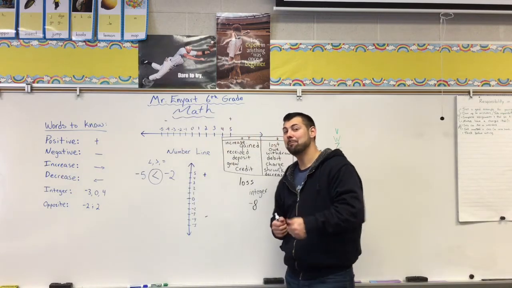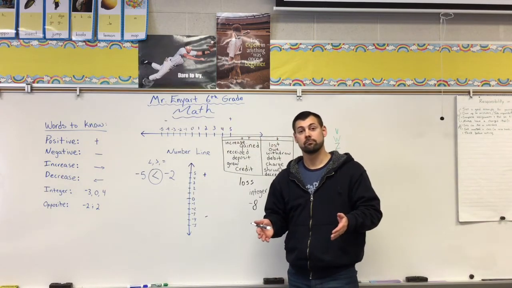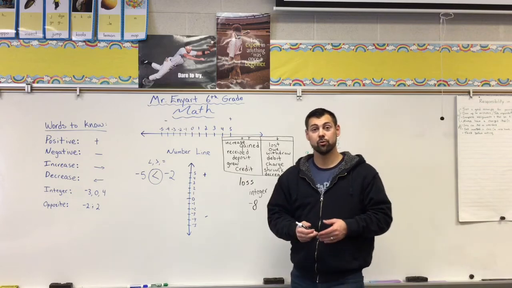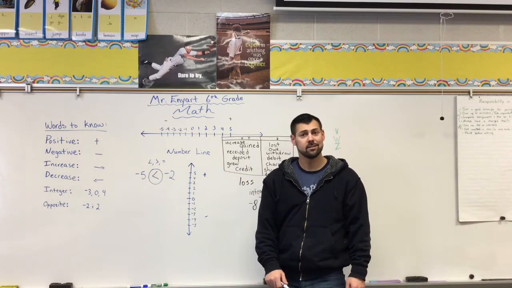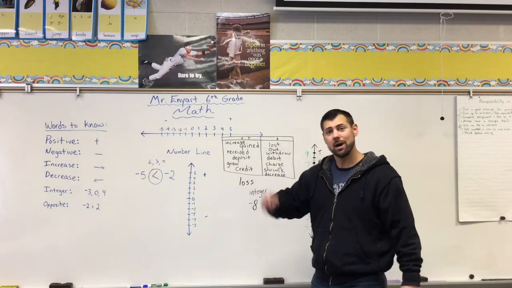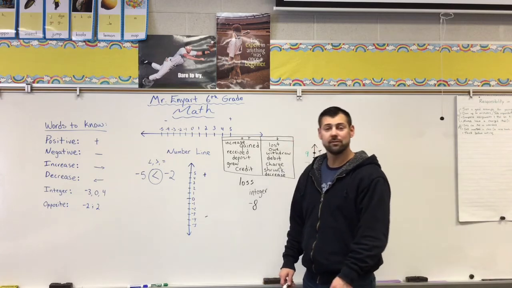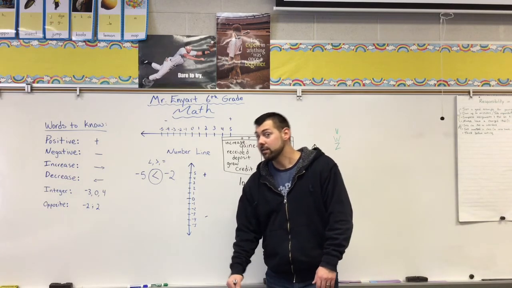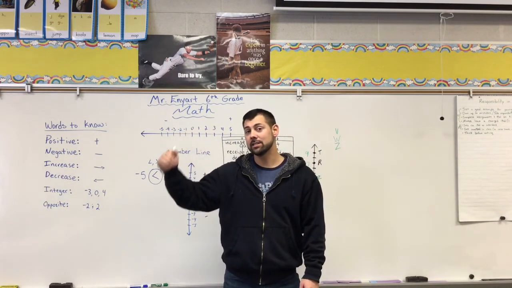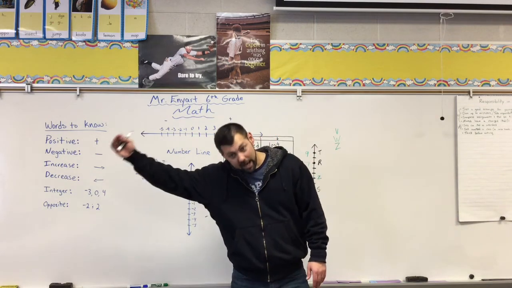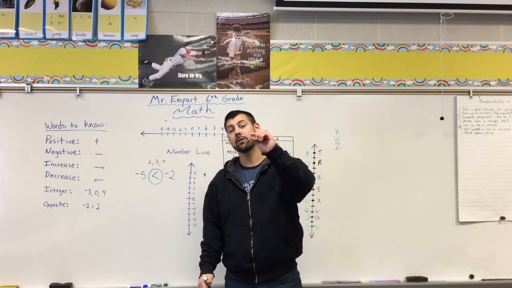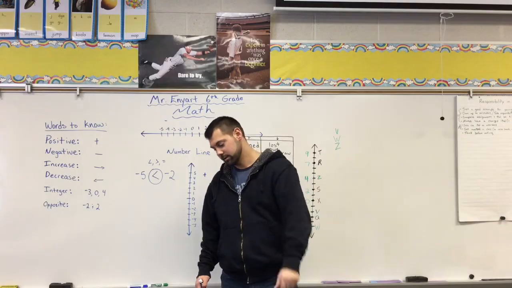That's right. The opposite of 0 is 0. Because it fits those two rules, and it's the only thing that makes any sense. So the opposite of negative 2 is positive 2. The opposite of negative 5 is positive 5. The opposite of 9 is negative 9. But the opposite of 0 is 0.